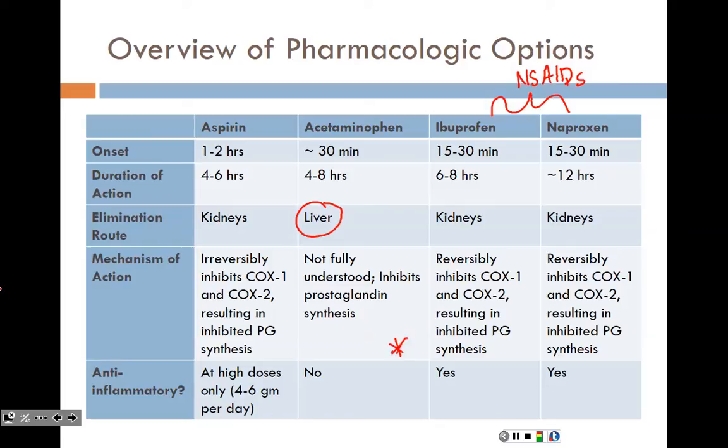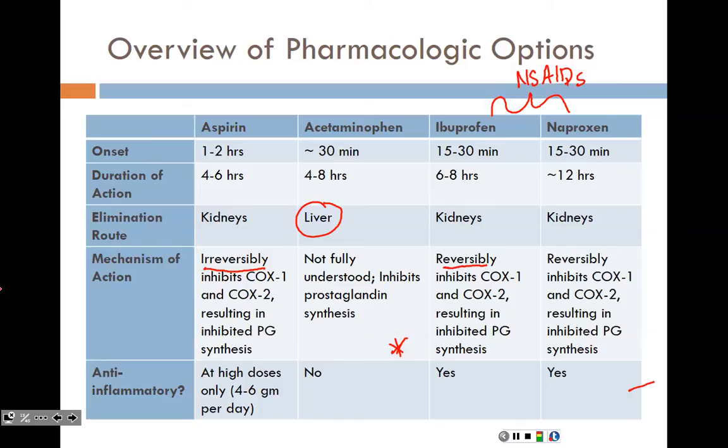The key difference between the NSAID class, the two on the end, and the aspirin is this reversible versus irreversible inhibition of that enzyme that creates more prostaglandins. Irreversible inhibition is going to lead to more significant side effects. The reversible is going to cause the same side effects, but they're going to sometimes wear off more quickly, and so we'll talk through that.